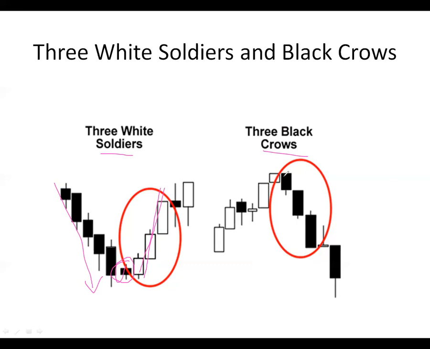The same here. This is an uptrend. There is indecision in the market. And then straight away, we have 3 black candles in the opposite direction. Once you spot that, it is also a signal to tell you that there is a reversal in the trend.